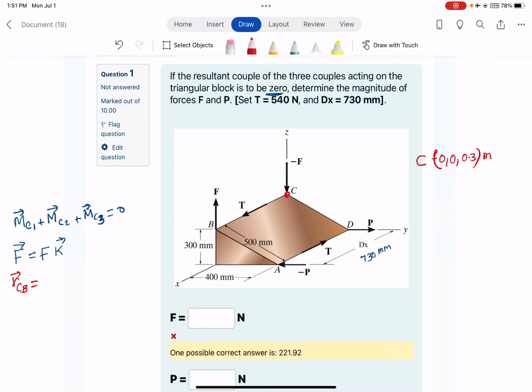Okay, that is C. Now B, you can see B here has an extra X, which is 730, so that's going to be 0.73. The Y is 0, there is no Y, and there is an extra Z going up, 0.3.